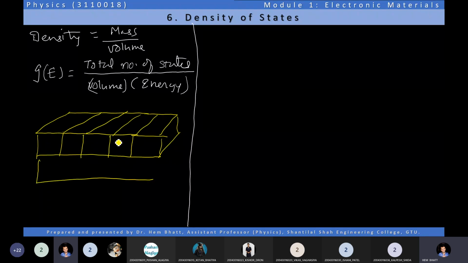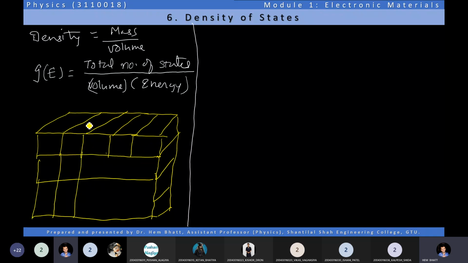Suppose we have 4 floors and on each floor you have say 5 rooms.